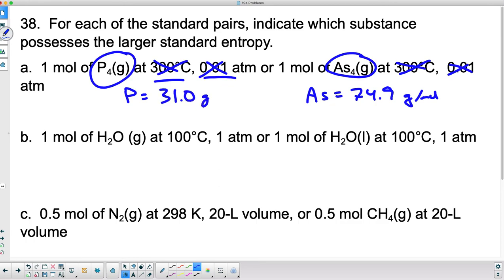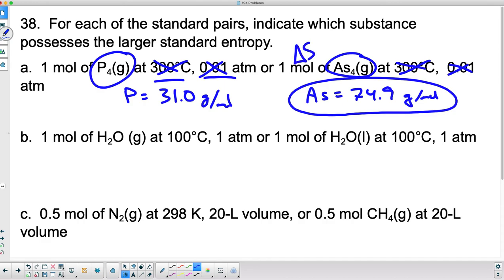Notice the difference between these two, that's grams per mole. So typically the higher mass is going to have more randomness. We don't use this very often, but if everything else is the same, higher mass means more randomness.